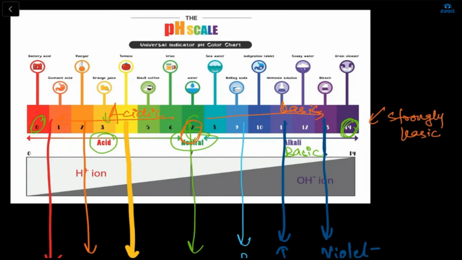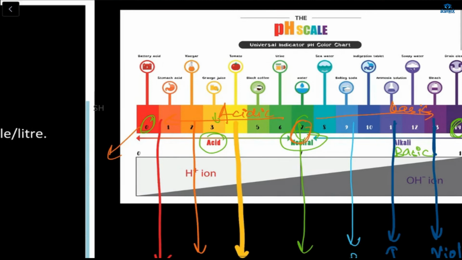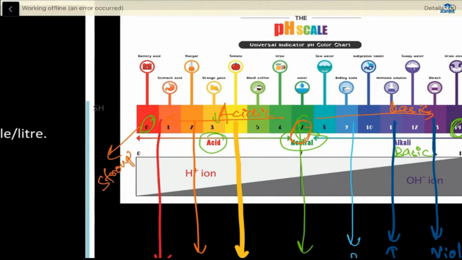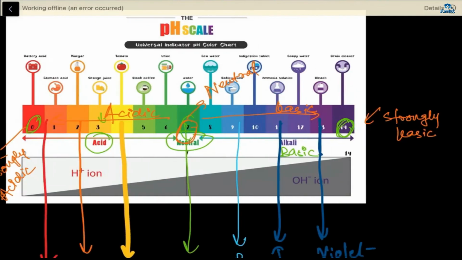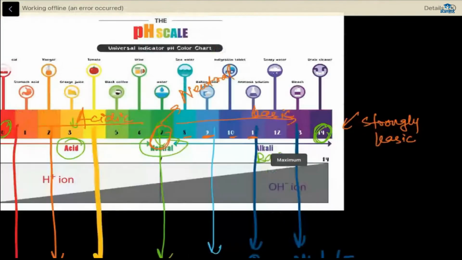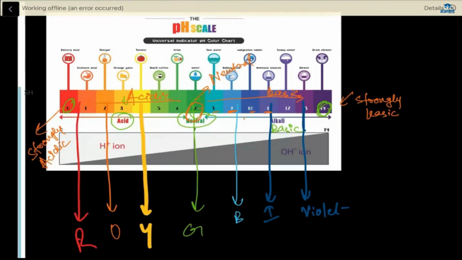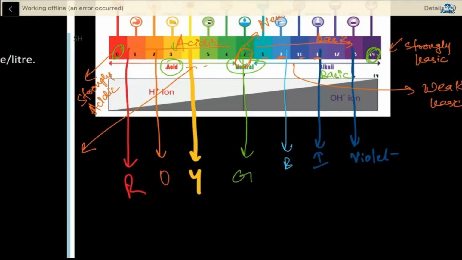If my pH value is 0 or 1, then it is strongly acidic. If my pH value is 7, then it's neutral. And if my pH value is 8, 9, 10 or 11, then we will say it's weakly basic. And the pH values 3, 4, 5 are weakly acidic.